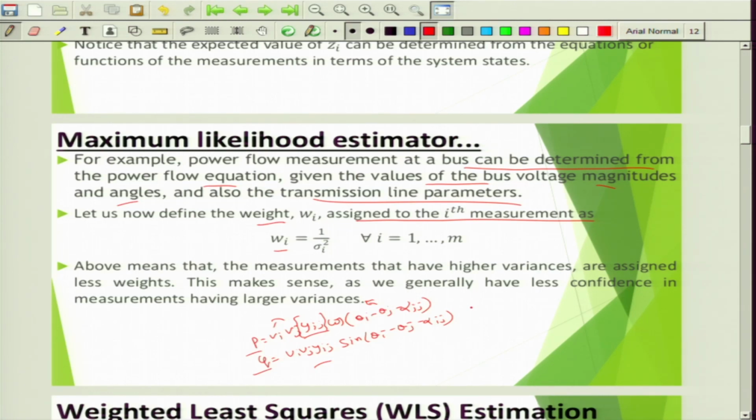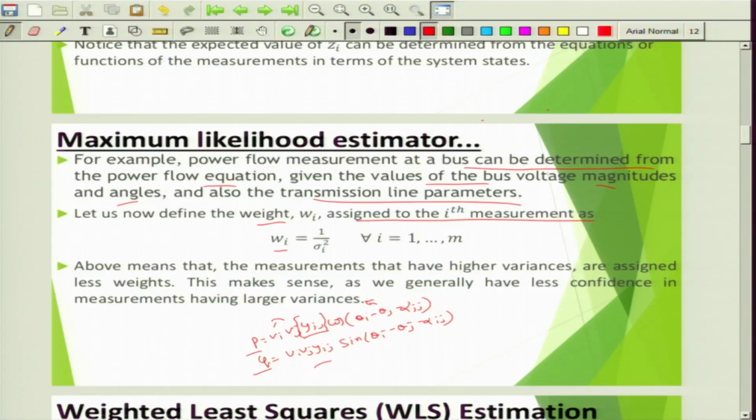Now if you have data which is far away from the actual measurement value, then for that specific measurement we give very little weightage. That means you do not want a specific measurement to have a lot of deviation or variance. So this weight matrix is very important.